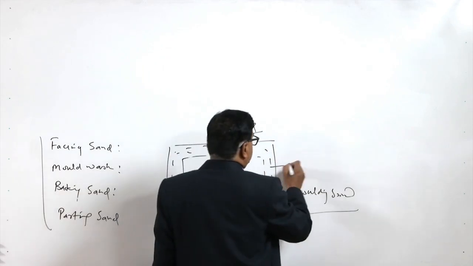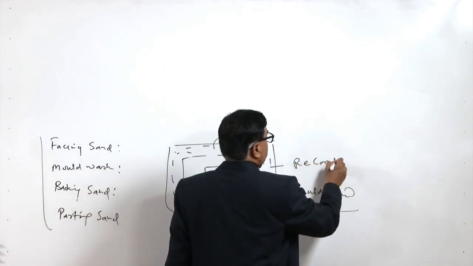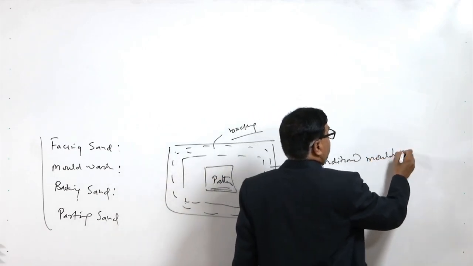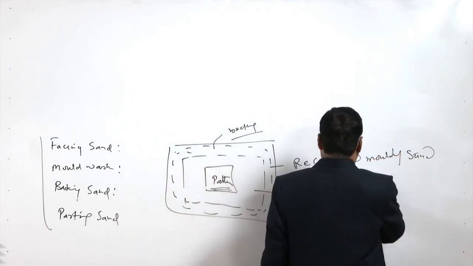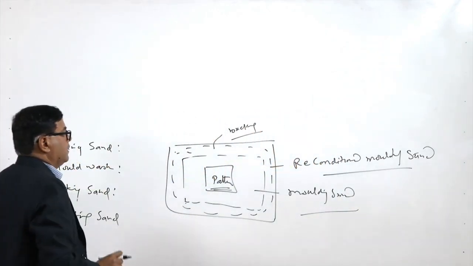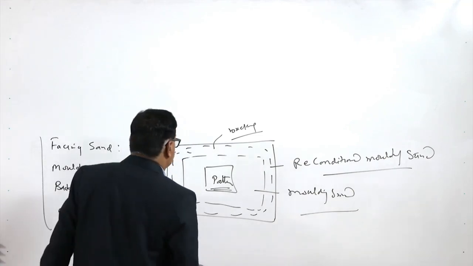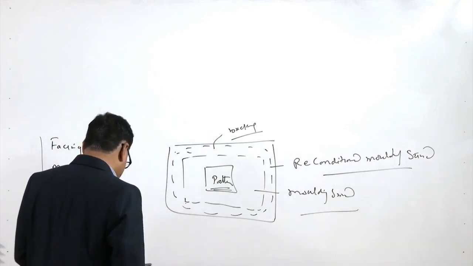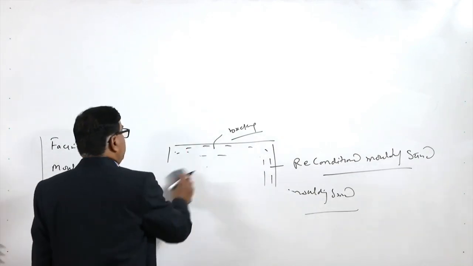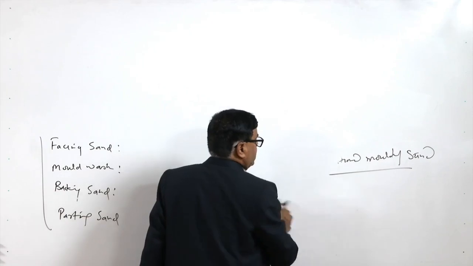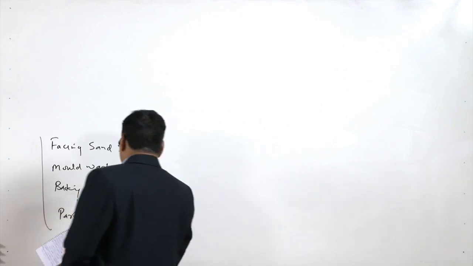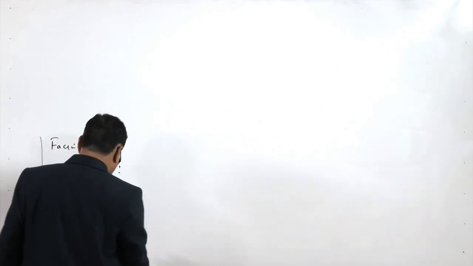So, backing sand is basically the reconditioned moulding sand which is used to provide the required backing to the main moulding sand which is next to the pattern. So, this basically helps in reducing the cost when the reconditioned moulding sand is used as a backing sand, and then parting sand.